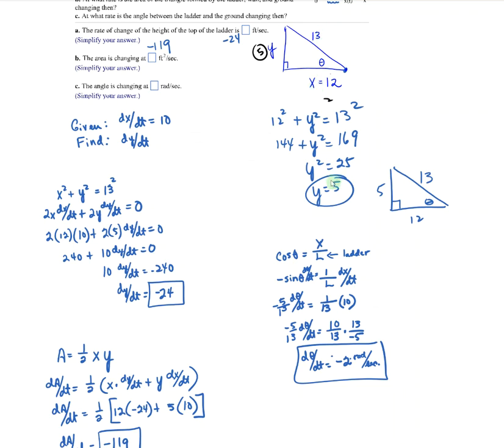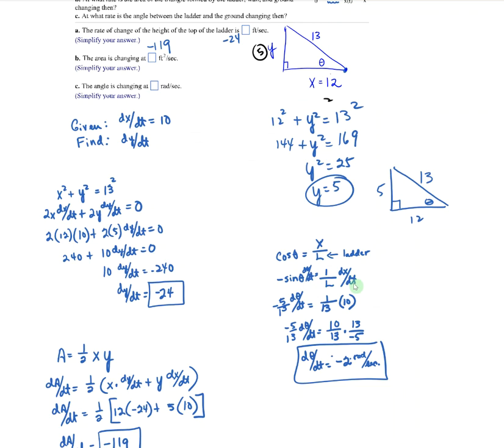That's from trig. So cosine theta equals x over L. I'm just going to call L the ladder. If you take the derivative, you've got negative sine theta dθ/dt equals, that's just a 1, so that's 1 over L dx/dt.